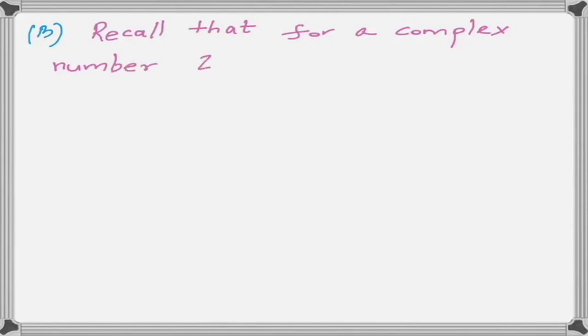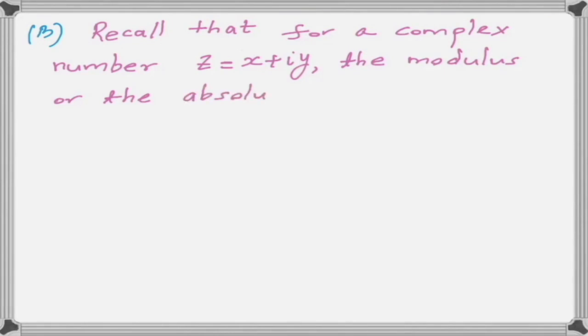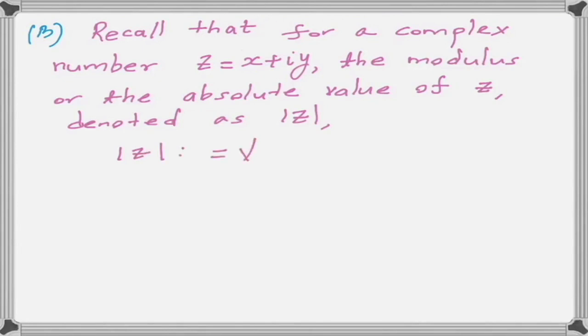Recall that for a complex number z equal to x plus iy, the modulus or the absolute value of z, denoted as mod z, is by definition the positive square root of the real number x square plus y square.